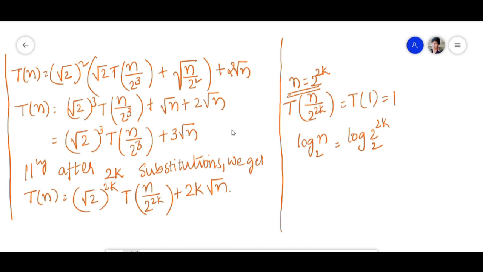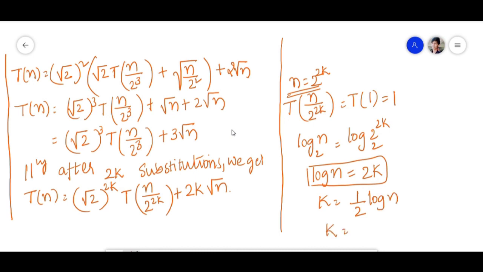This gives log of n equals 2k, and k equals 1 by 2 log n, that equals log n power 1 by 2, that equals log root n.